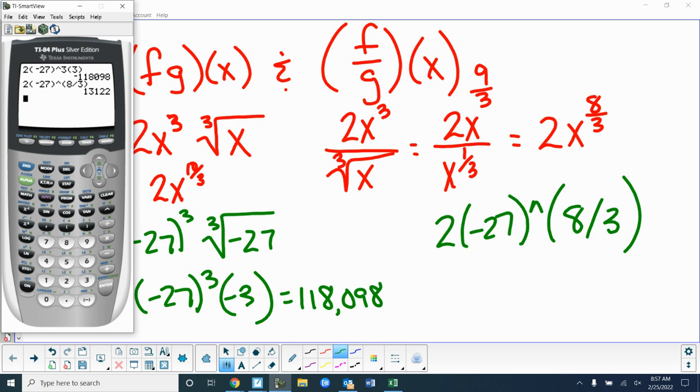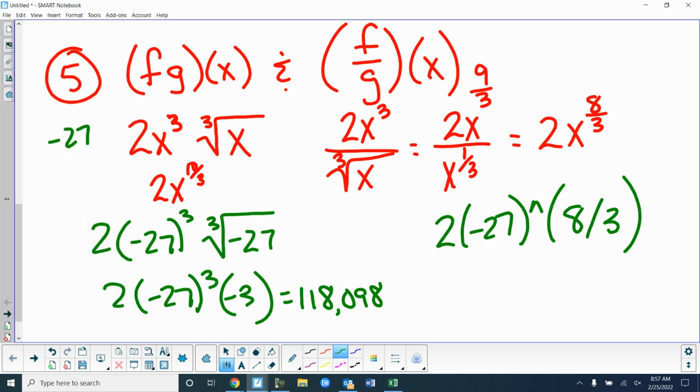So 13,122. Okay. Questions? So again, you had to read directions and do what it said. This gave us 2 problems per problem instead of 1. Is that making sense? Those 4 types of problems.